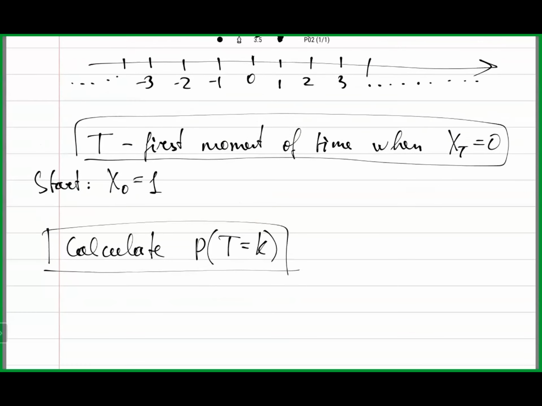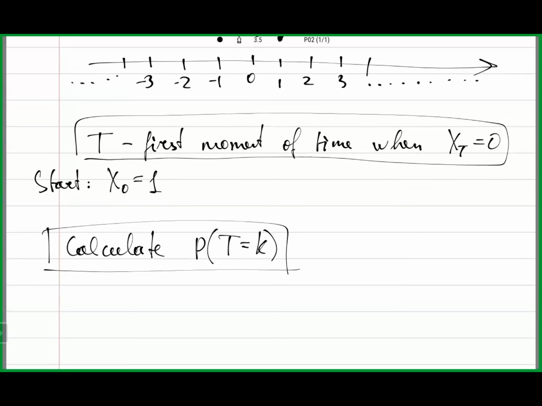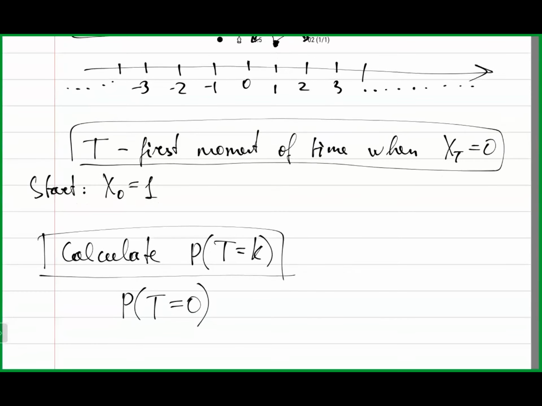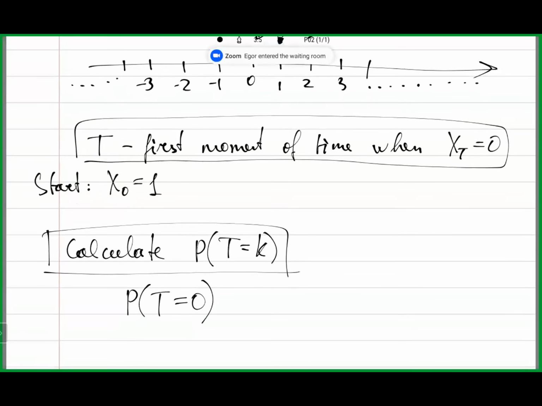Simple probabilities for lower values of t are easy to calculate without the moment generating function. So, for example, it's impossible to get from 1 to 0 without any move. So this probability is 0.